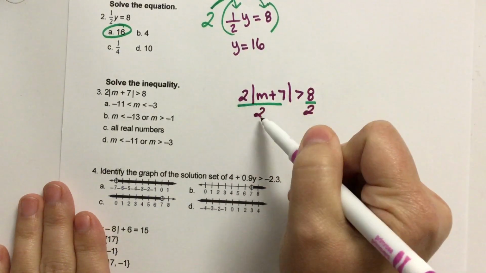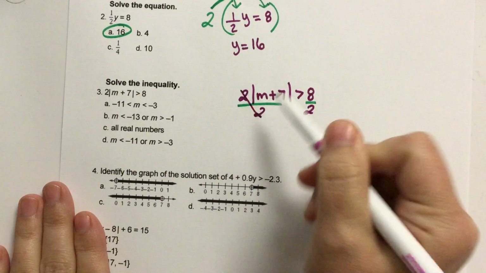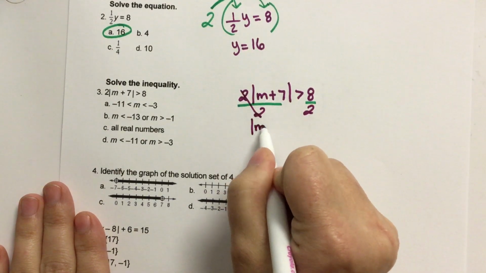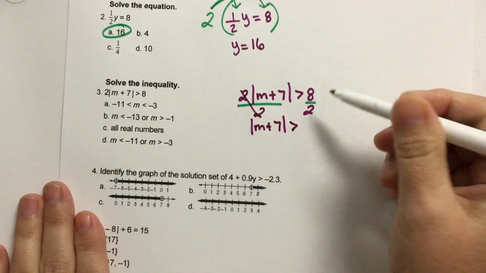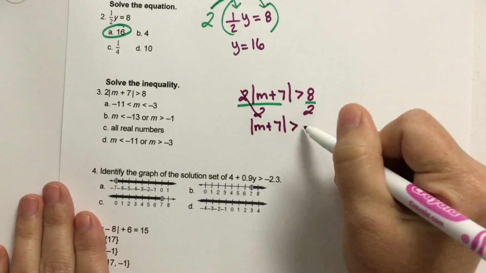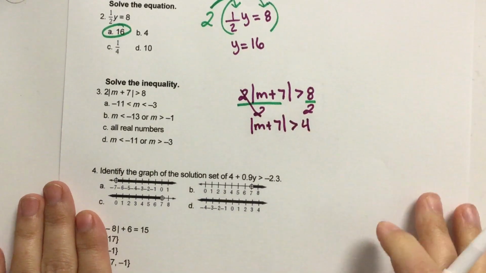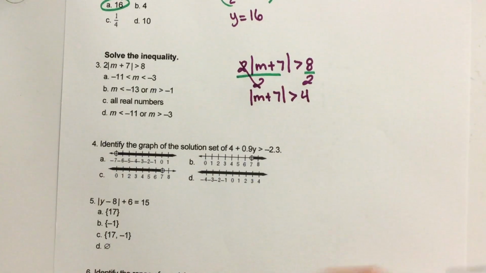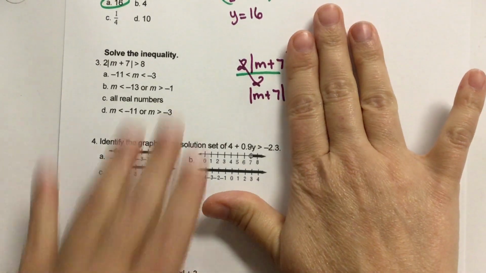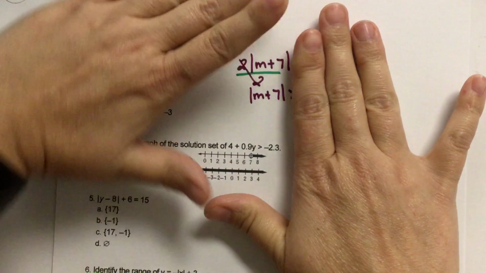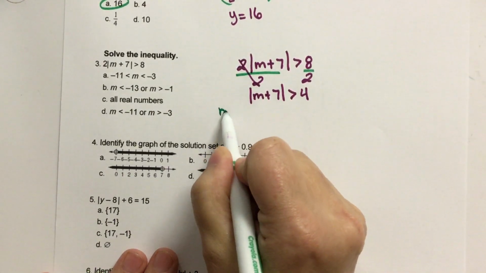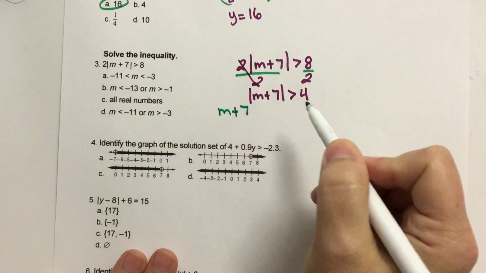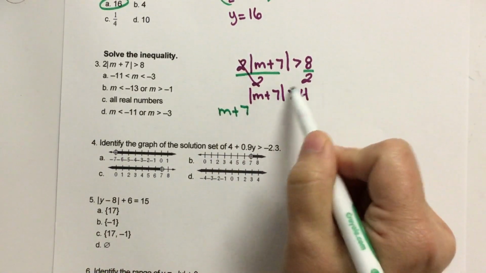So then 2 divided by 2 is 1, so those just cancel. Shoop. I'm left with the absolute value of m plus 7. Bring down my sign. And then 8 divided by 2 makes 4. Okay, now that the absolute value bars are by themselves, I'm ready to write my 2 equations. So the way it works, you take what's inside the absolute value bars and recopy it, and recopy this right here.